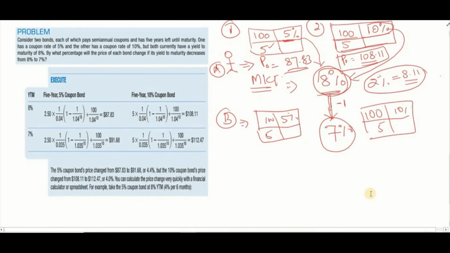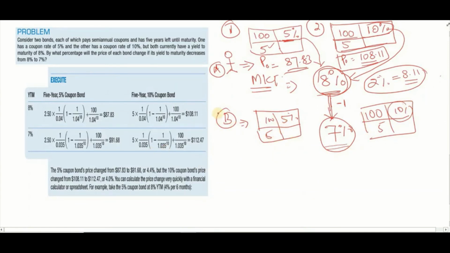The answer is the bond with the higher coupon rate is affected less, right? The change in the interest rate should affect the price of this bond less compared to this bond.